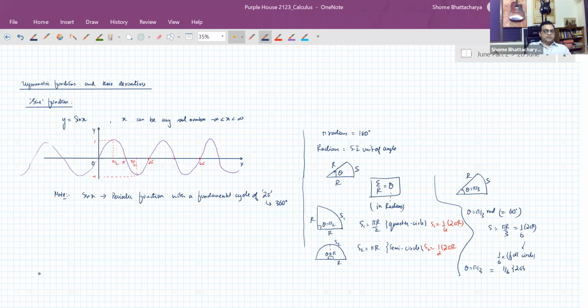The ratio of the circumference to radius will always be a fixed value, and that value is 2 pi. Or if we draw semicircles, that ratio of arc length to radius will always be a fixed value, which is pi. So that is the significance of the number pi in mathematics and in geometry.